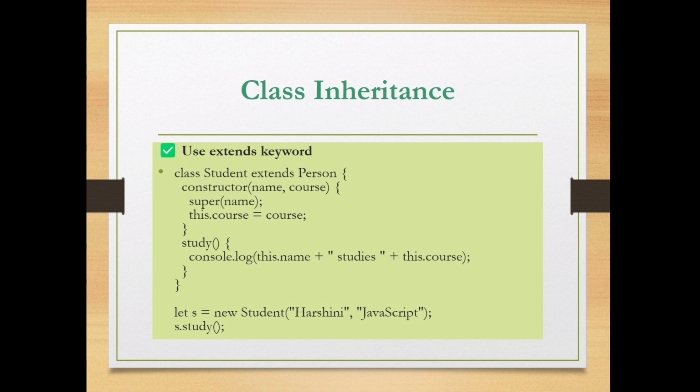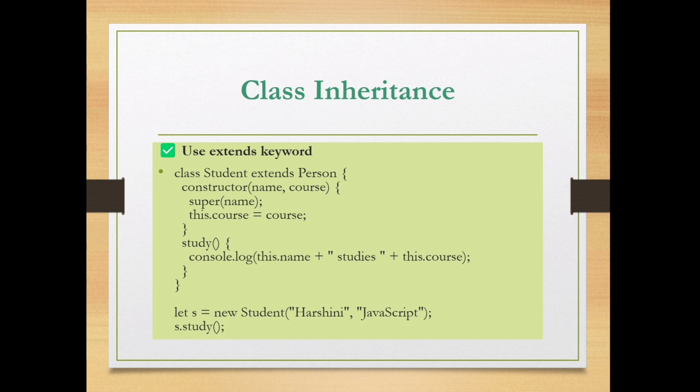Next I am taking one method as study of. Inside the method I am taking this dot name plus studies plus course, meaning it will print like Harshini studies BTech.